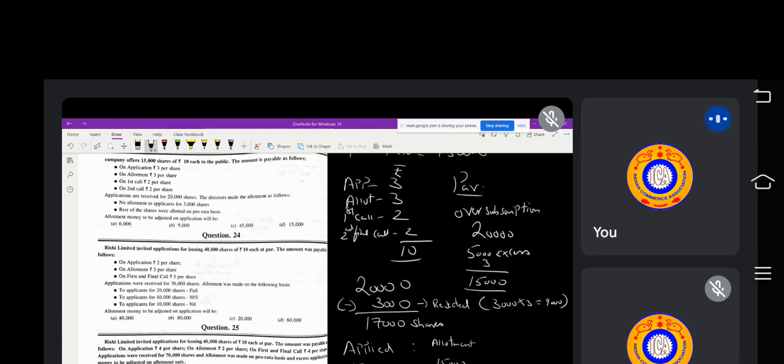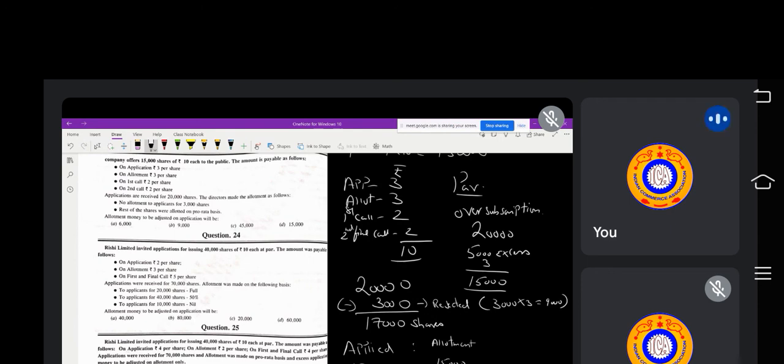So the excess application I will be having is 2,000 shares, because 17,000 is applied but I am going to allot only 15,000. On these 2,000 shares, I would have received application money of rupees 3, which gives me an amount of rupees 6,000.